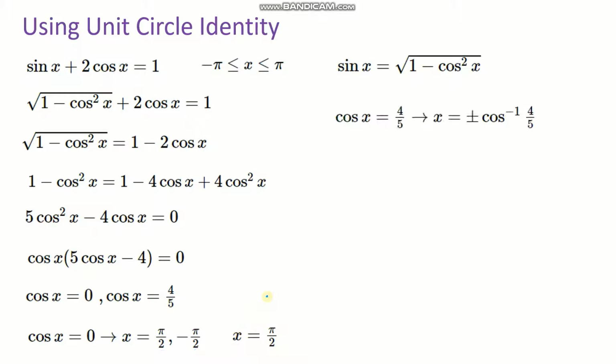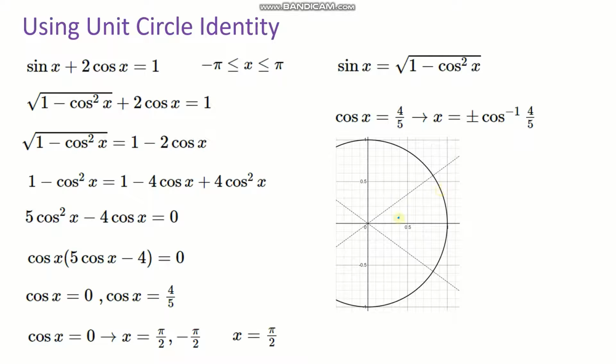Now, for cos x equals 4 over 5, we have x equals plus or minus the inverse cos of 4 over 5, because in the first and fourth quadrants we have positive cosine x values. Positive arc cos 4 over 5 refers to the angle above the x-axis, while the negative arc cos 4 over 5 refers to the angle below the x-axis.